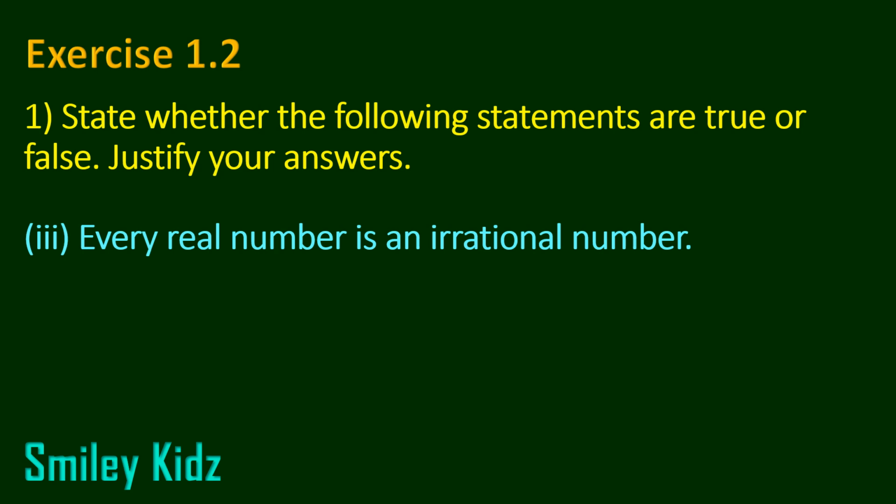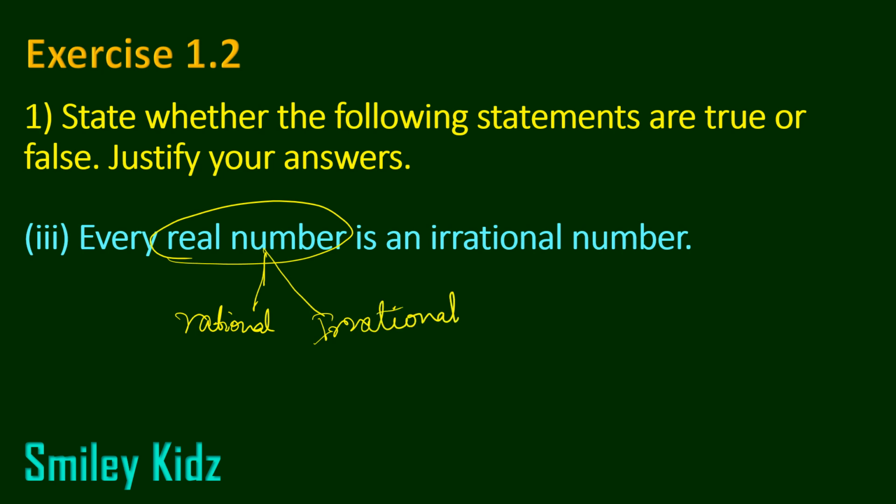Then we have the third statement. Every real number is an irrational number. First, what are real numbers? The combination of rational and irrational numbers. So here the question says that every real number is an irrational number. Is it true?